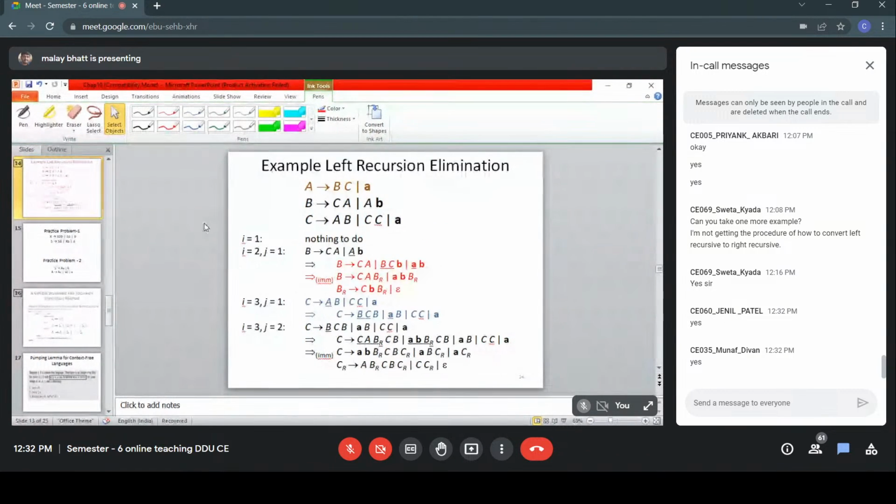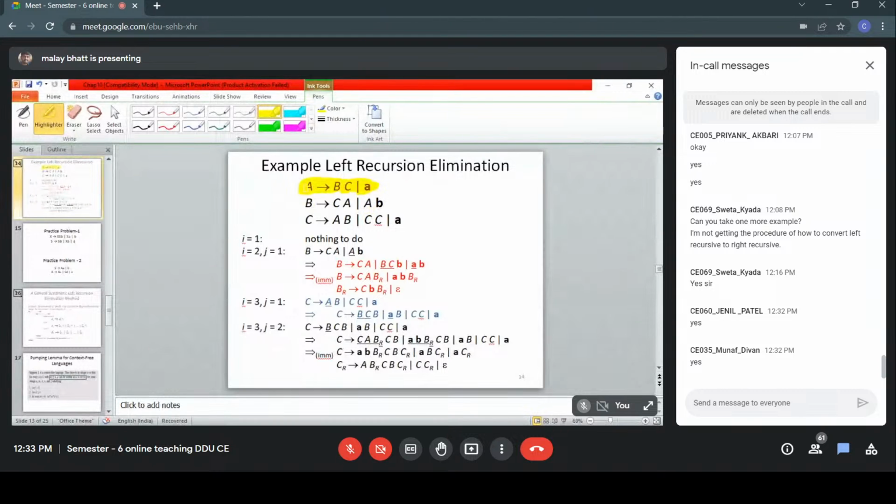One more example here we have. Now this is a complex example. In the first step, A gives BC or A. So there is no left recursion. It will be as it is. Now when we come to the second rule, B gives CA or AB.